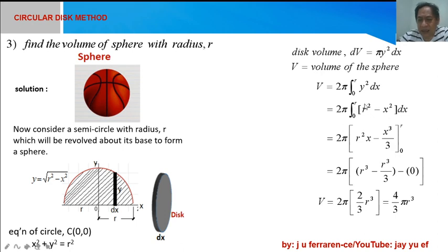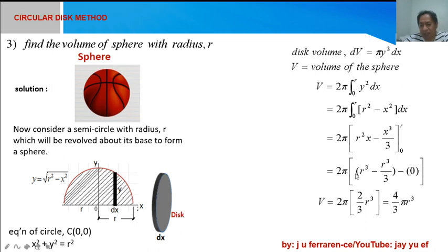What is the integral of your first term? So r squared x, correct? This is under power rule, so we have minus x cubed over 3. The limits of integration is from 0 to r. So we substitute r to x, then this becomes r cubed, minus r cubed also over 3, and that is both zeros.